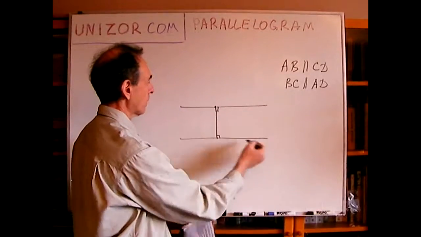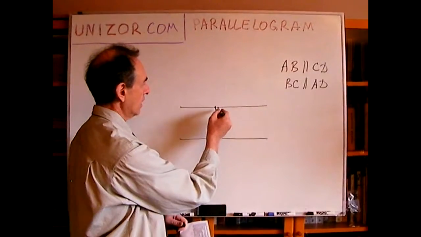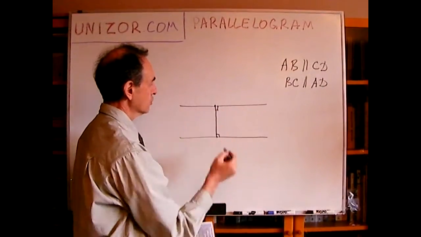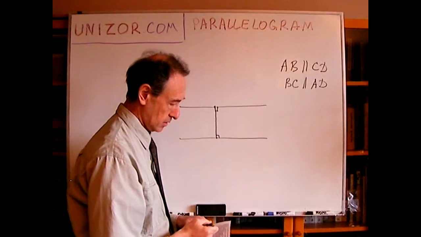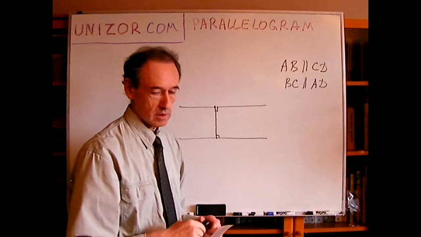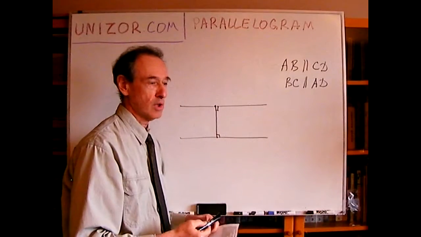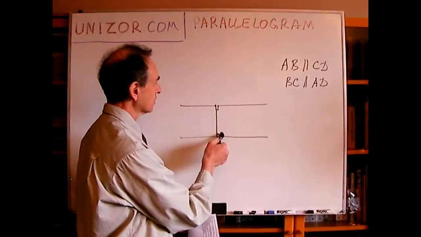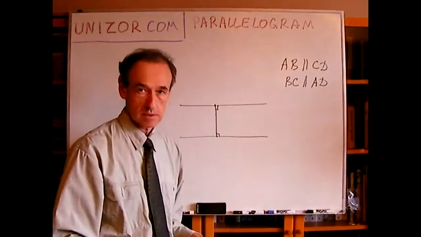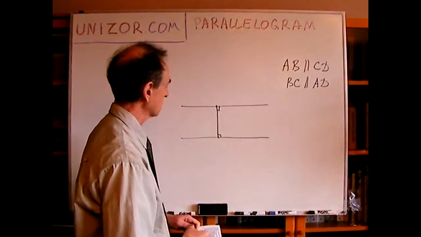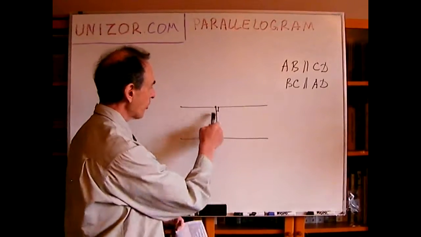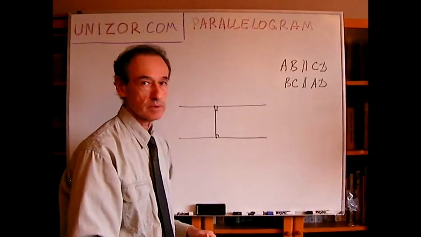Because these are two parallel, this is transversal, and these are two interior one-sided angles which are supposed to sum up to 180 degrees. One is 90, that's why 90 is the same 90 is the second angle. So the perpendicular is common for both lines.